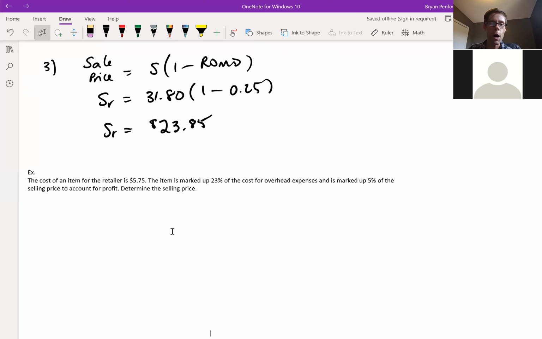After you're finished copying the question down, think about what formula from the merchandising section you might want to apply to this question.